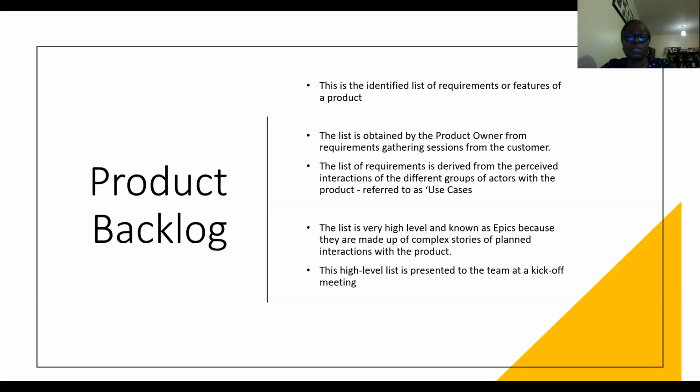Obviously, the product owner will have prepared some sort of list just to see what the team thinks of what they're about to design or to develop. Next slide, please.